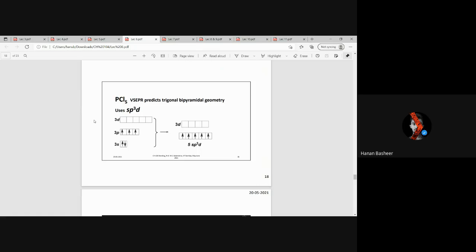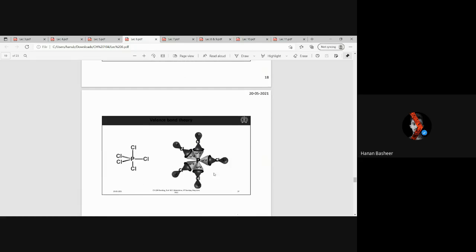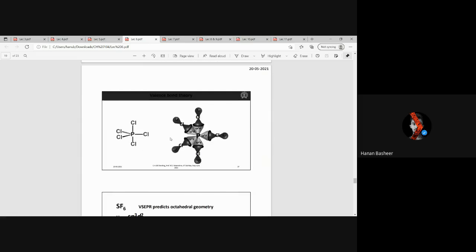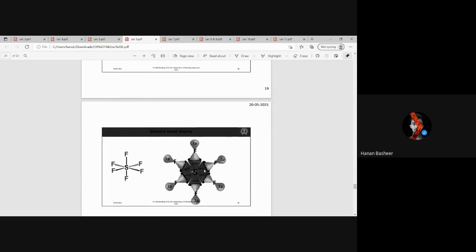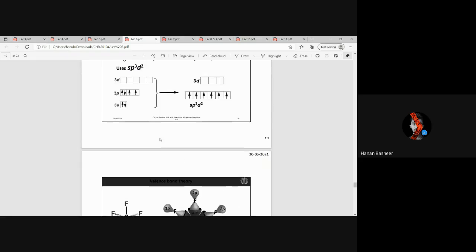PCl5 will have the trigonal bipyramidal geometry because after we mix we get sp3d structure. This will have this shape. And SF6 will have an octahedral structure in space, and we can hybridize it by mixing these electrons.